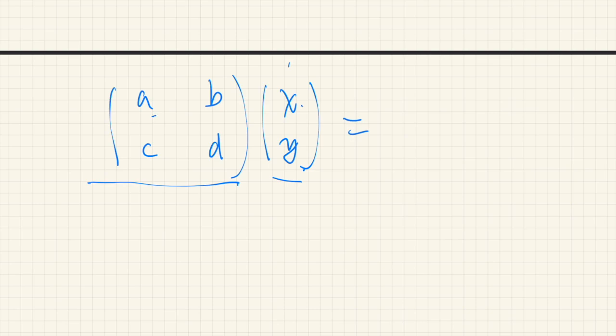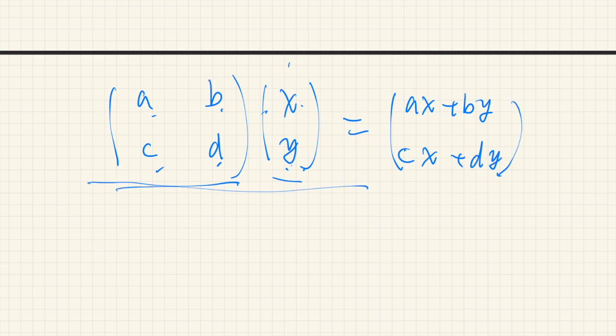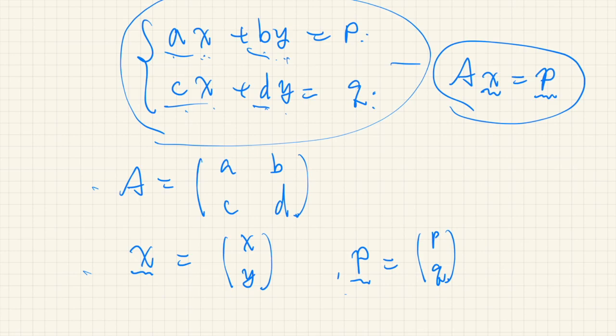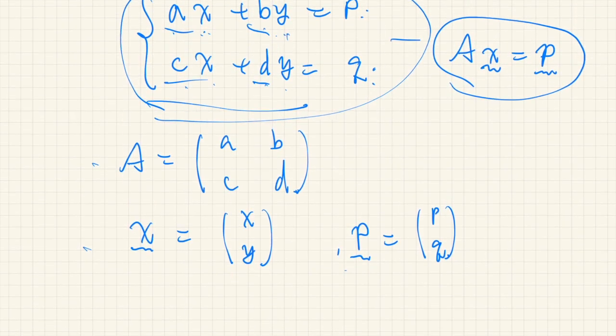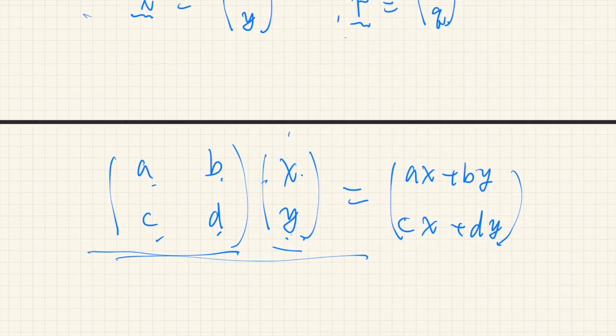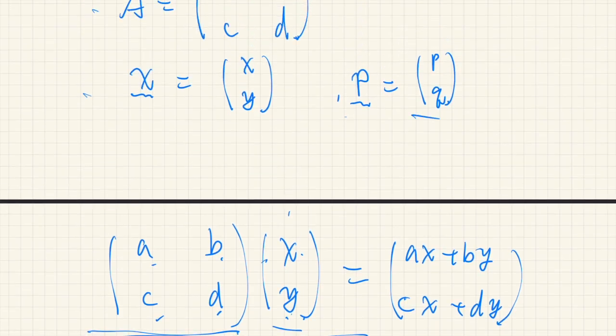So ax plus by, and cx plus dy. That is the left-hand side of these equations, right? And of course, the right-hand side is just this column vector p, q.